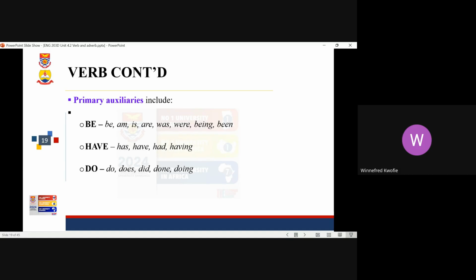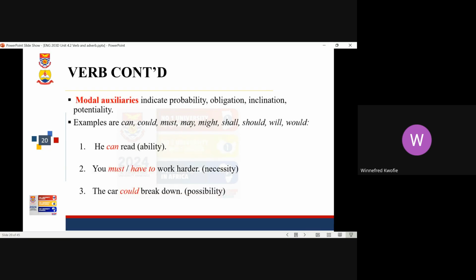And then have: has, have, had, having. Then do: does, did, done, doing. So these are considered the primary auxiliaries, whereas the modal auxiliaries indicate various forms such as possibility, obligation.